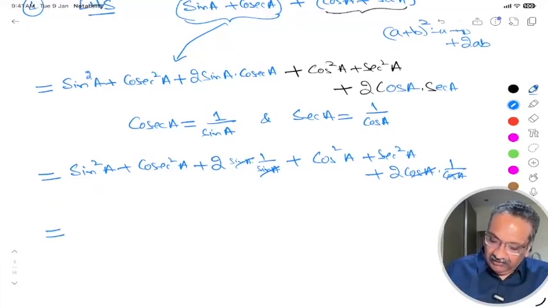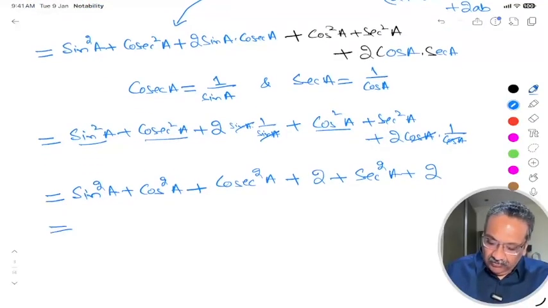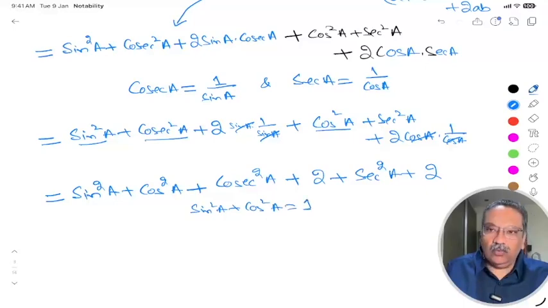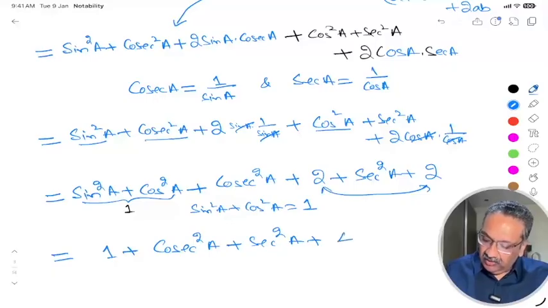Alright, so now I will rearrange this. I will take sin square and cos square here. Sin square A plus cos square A plus cosecant square A plus secant square A plus 2 plus 2. Alright, see, we know sin square A plus cos square A is equal to 1, identity. So this becomes 1. Alright, so we have 1 plus cosecant square A plus secant square A plus this 2 plus 2 becomes 4.